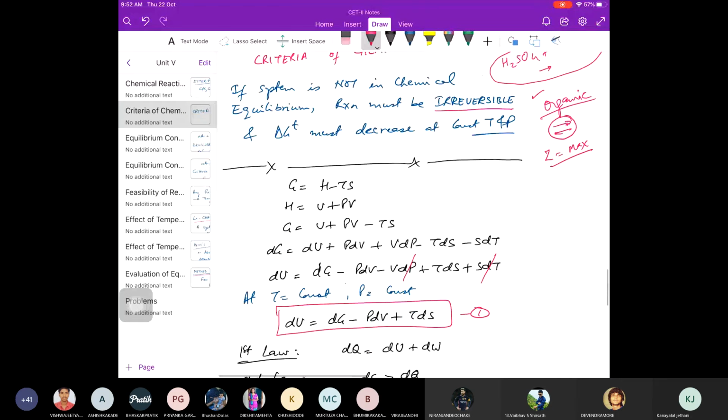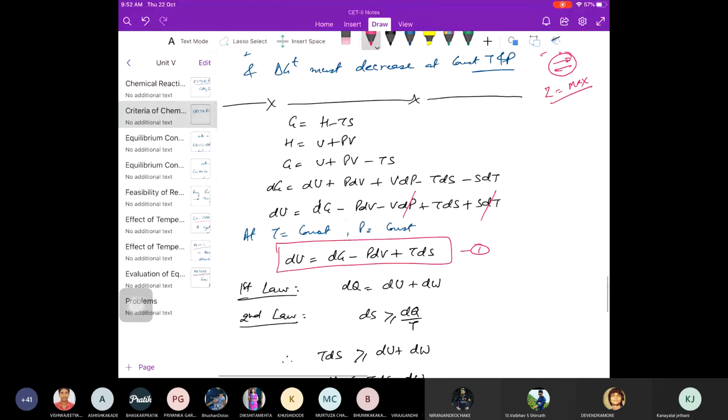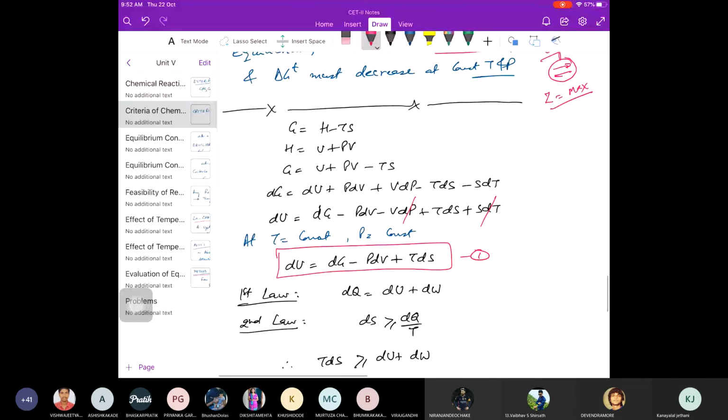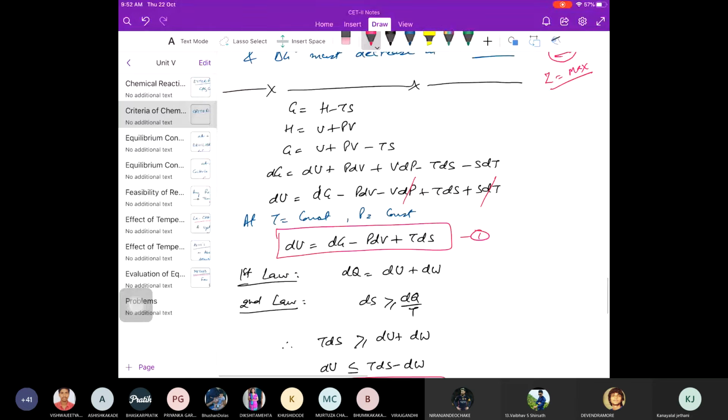G is equal to H minus TS and H is equal to U plus PV. So we can substitute this in the first equation and get G is equal to U plus PV minus TS. And if you take total derivative, you get dG equal to dU plus PdV plus VdP minus TdS minus SdT.